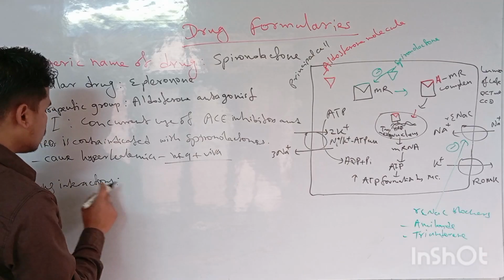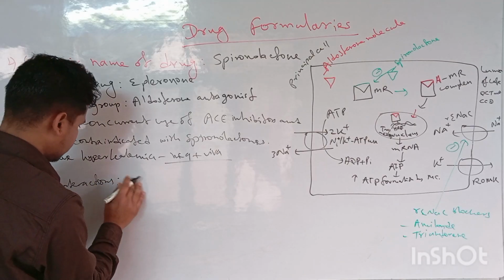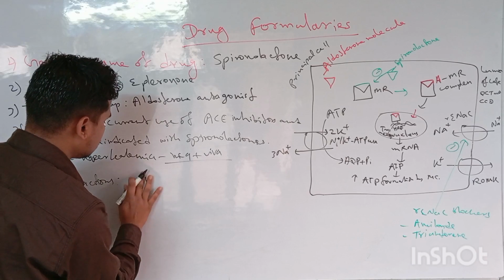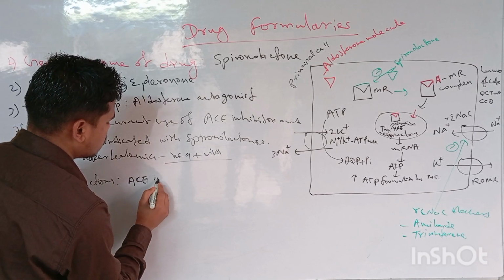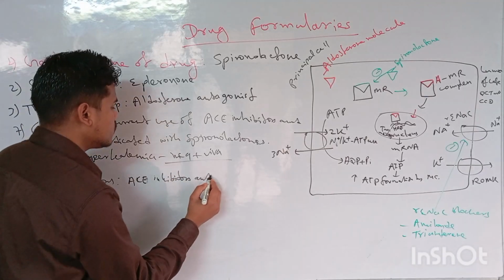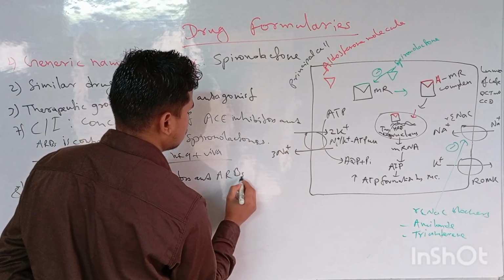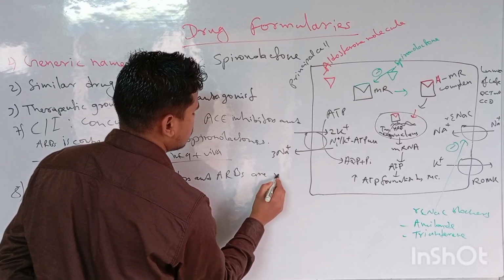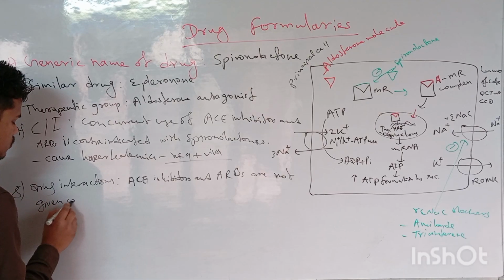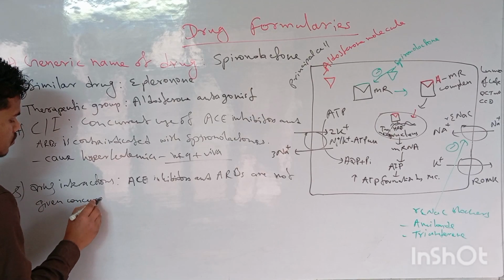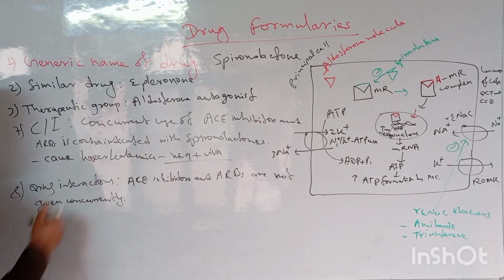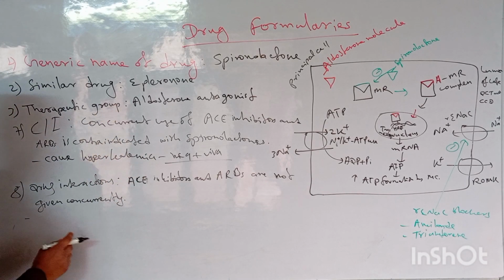So in this case, drugs like ACE inhibitors and ARBs are not given concurrently, that is, simultaneously. Why? The reason I already mentioned, due to severe hyperkalemia.